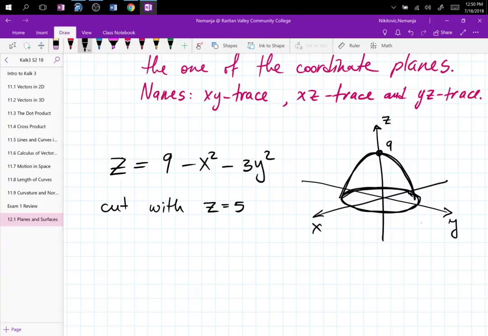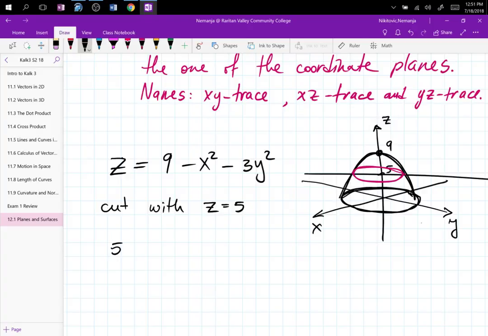Z equals 5 is a plane cut through 5. That thing better trace an ellipse on the edge of the cut. So we should be able to detect that through our calculation by substituting z equals 5 in our original equation.